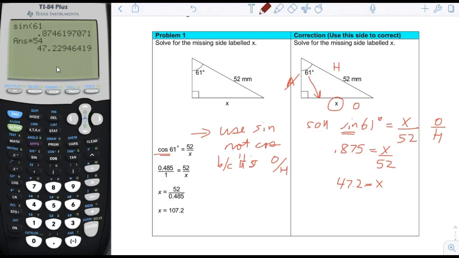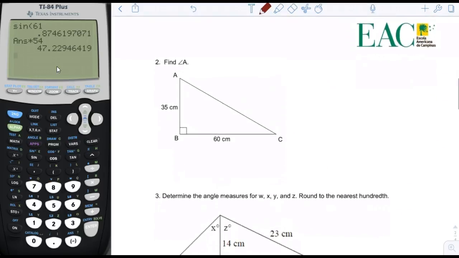Whether it's cosine or sine, we have x over 52. She has 52 divided by x. So actually, this should be x divided by 52, not 52 divided by x. If this was changed to sine and this was reversed, then the rest of the problem will be worked as we have there. Okay? All right. Next problem.